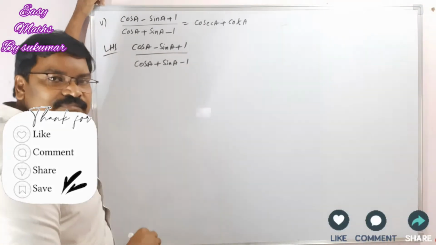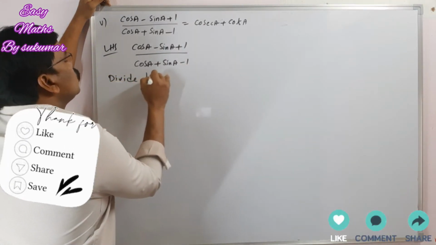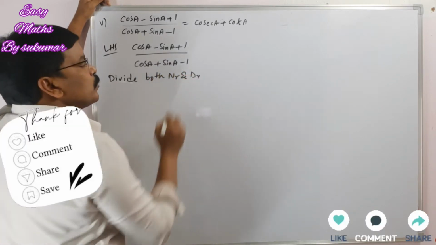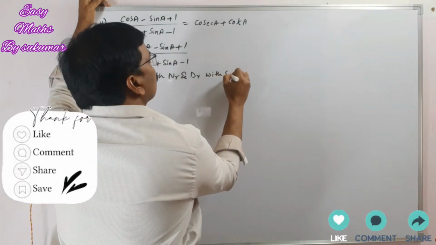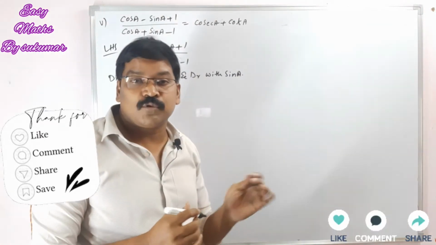Right. Here just divide both numerator and denominator with sin A. We have an example sum like this model, same model, right?